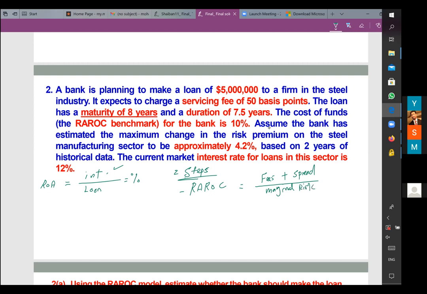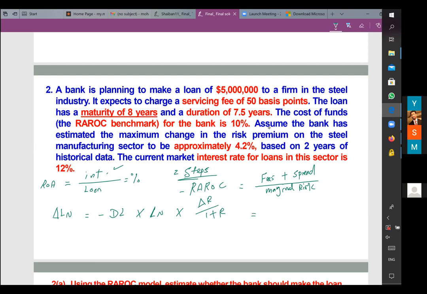And the marginal risk, we measure it according to the change of the value of the loan. We have a formula that we borrow from durations. So we take the duration of the loan, how long it will continue with us, times the loan itself, times the most important thing, the change in R over 1 plus R.